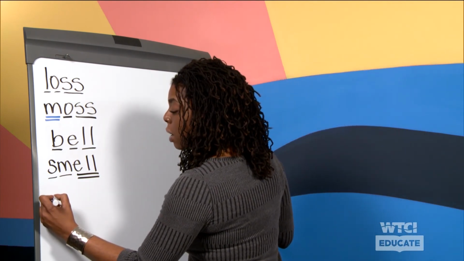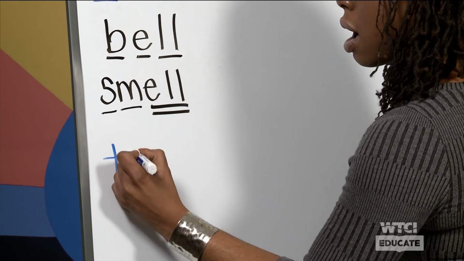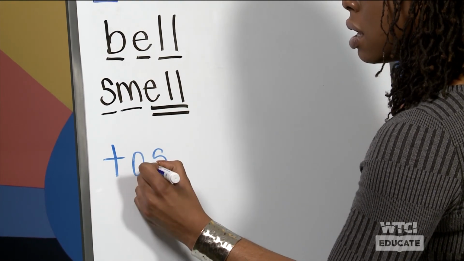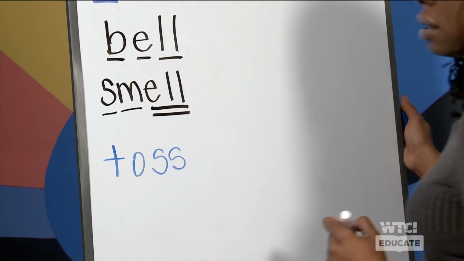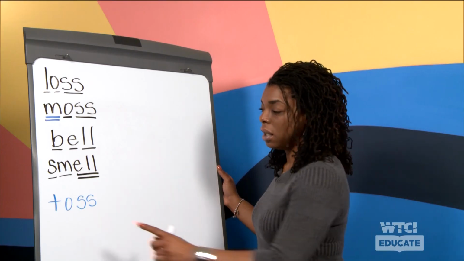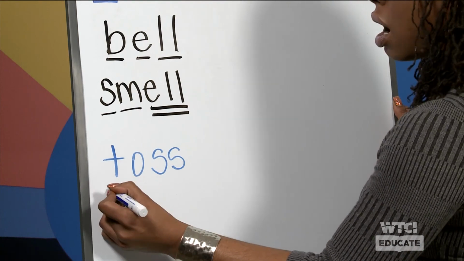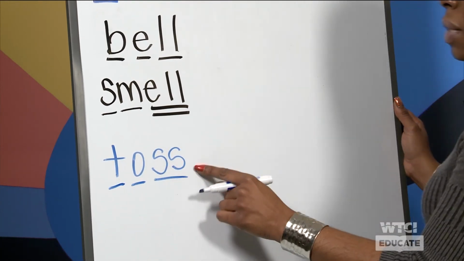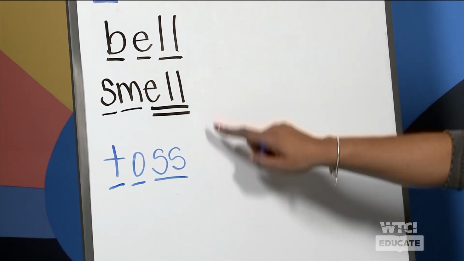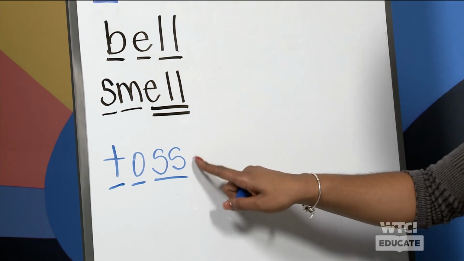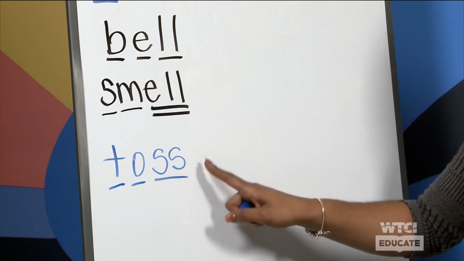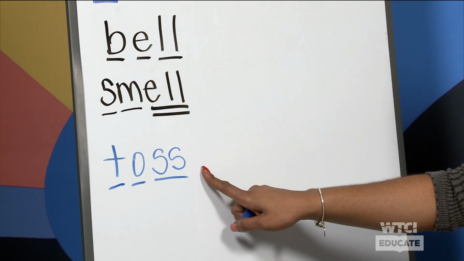So check my work. T, ah, S. Toss. I remember that ending sound we were working on, double letters, so I knew that I should double the S at the end of toss.